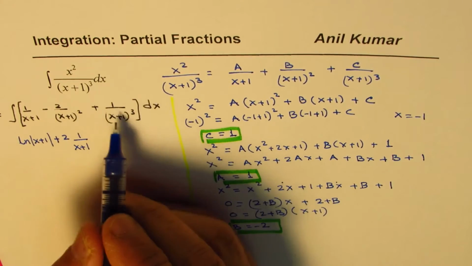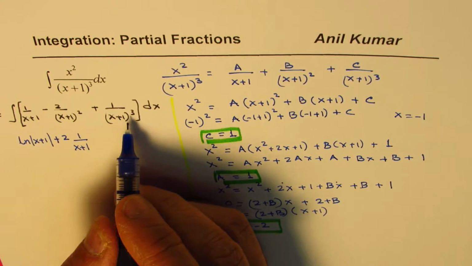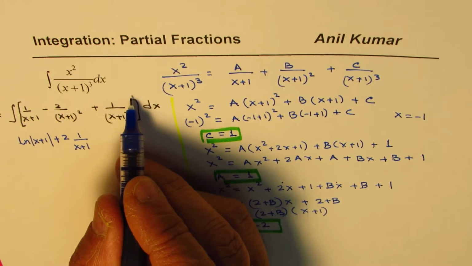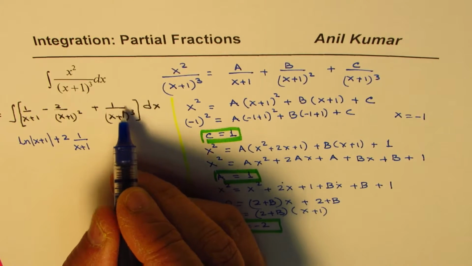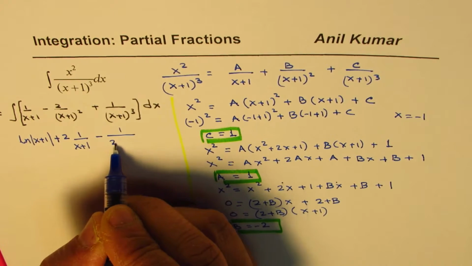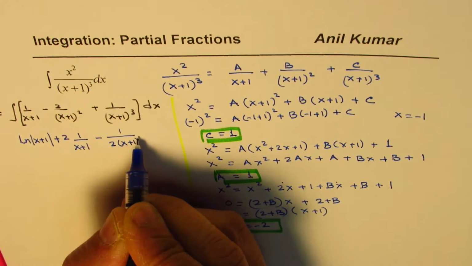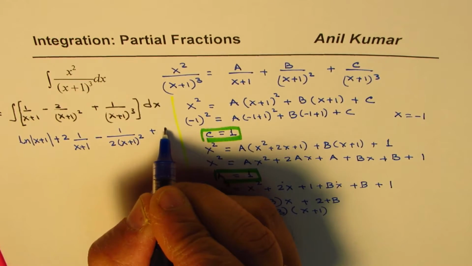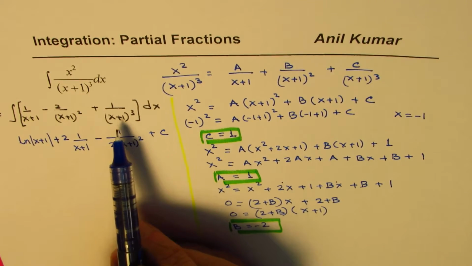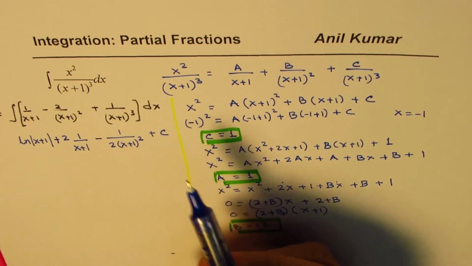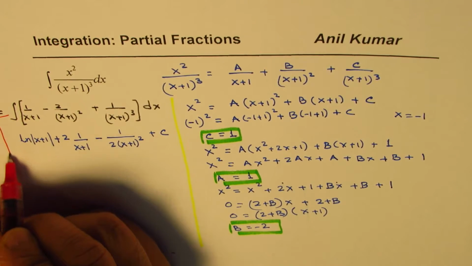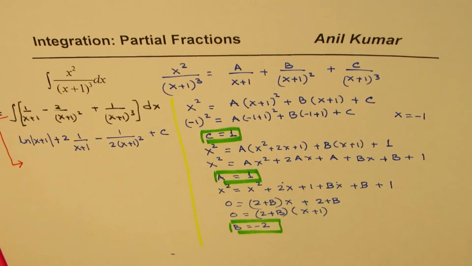For the third one, it is to the power of minus 3, so adding 1 you get minus 2, and you divide by minus 2. This becomes 1 over 2 times (x plus 1) to the power of 2, plus C. I've just avoided some steps, so let me redo it, as that may be beneficial for some of you.